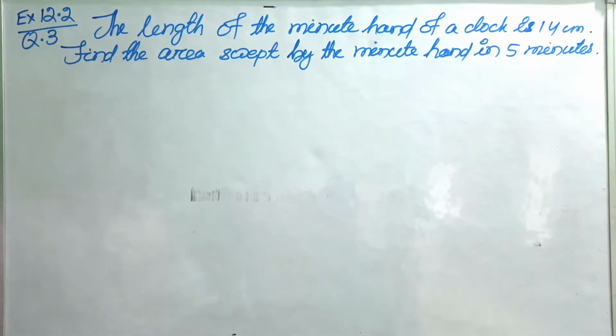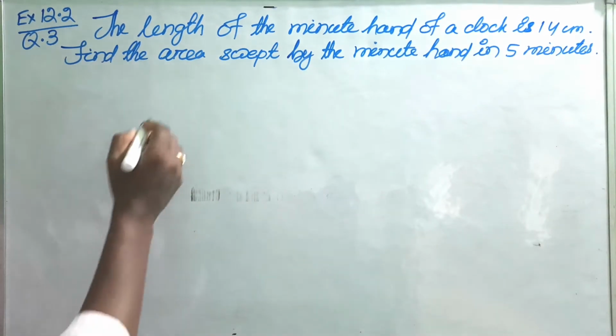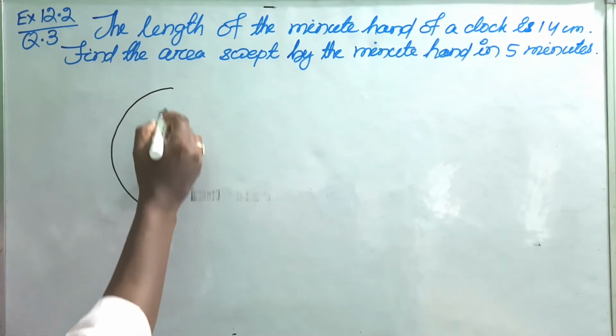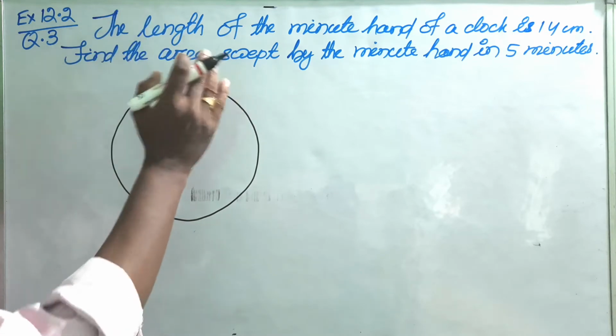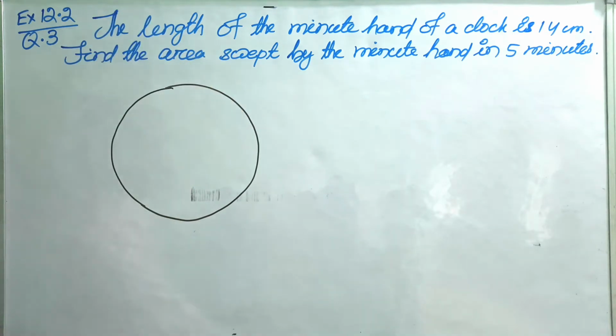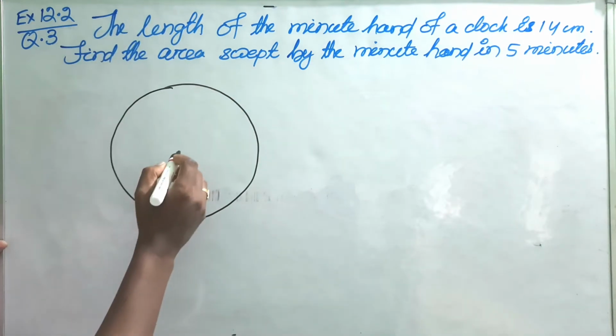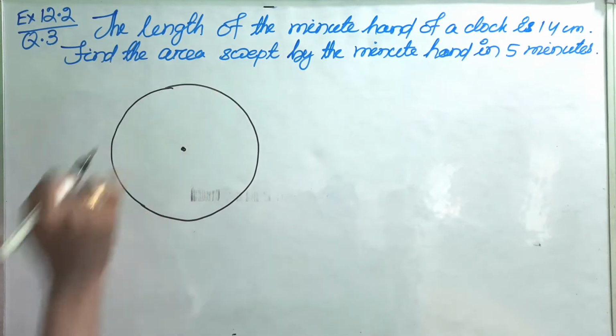First of all, let me draw a circle so that you will get a clear idea about the process of solving this particular problem. Imagine that this is its center.